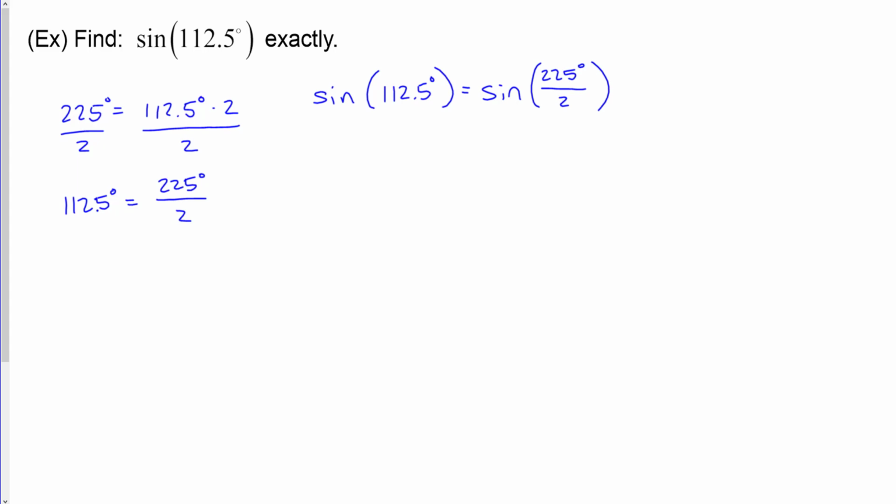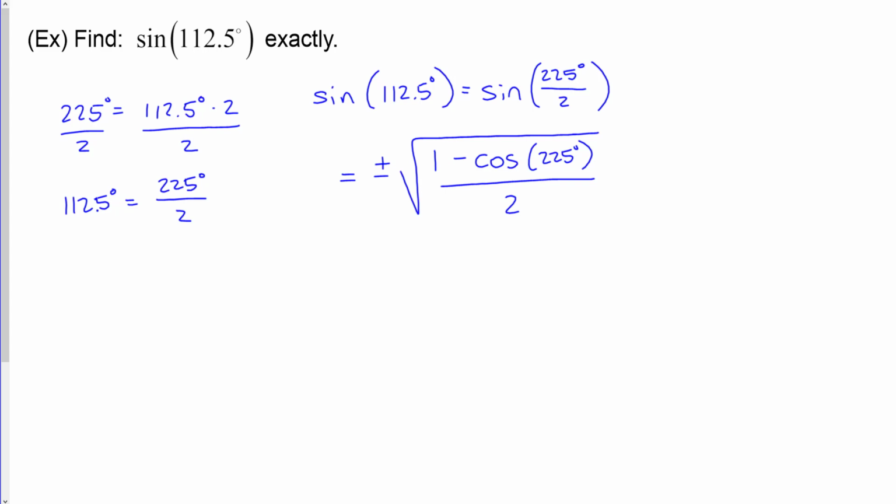In order to evaluate that, what we would do is say this is going to be the plus or minus square root of 1 minus cosine 225 degrees divided by 2. Now we have to choose the correct sign. 112.5 degrees is going to be in quadrant 2.